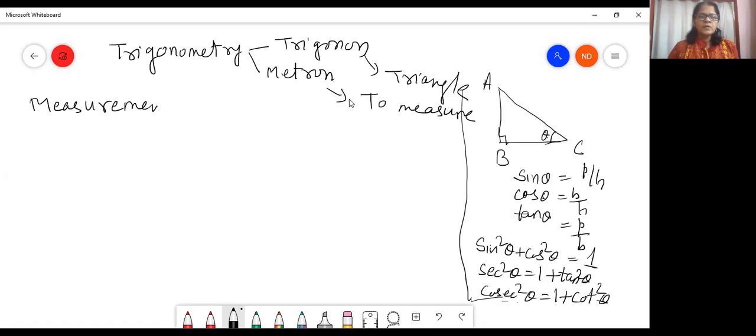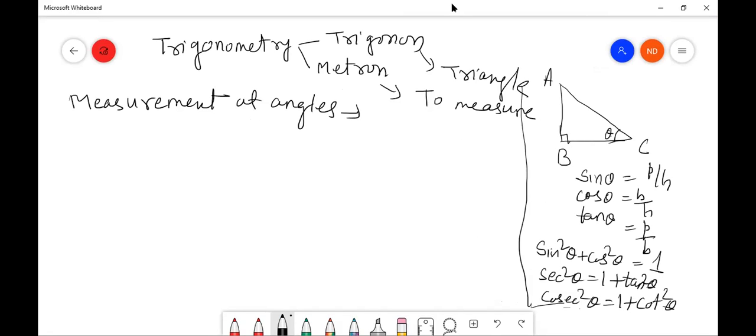Measurement of angles. As you have already studied, we were using degree as the unit of measuring the angle, such as 30 degree, 60 degree, 90 degree.